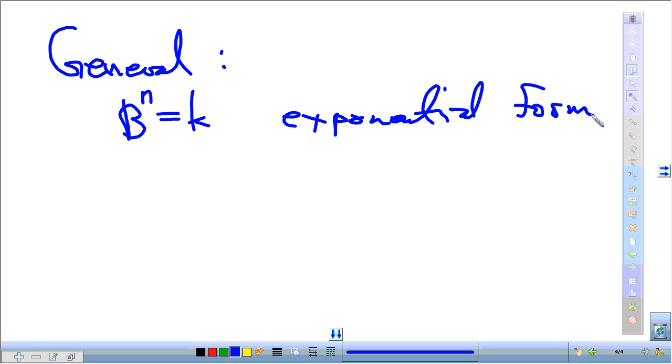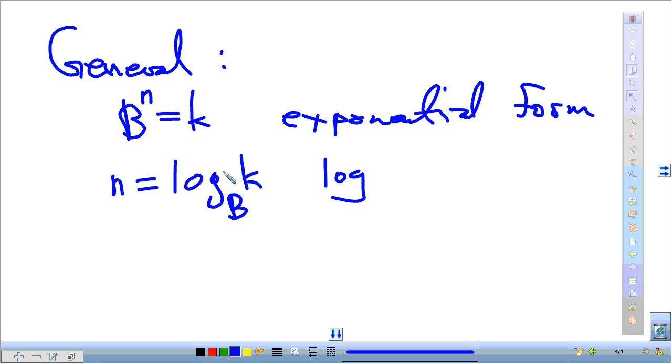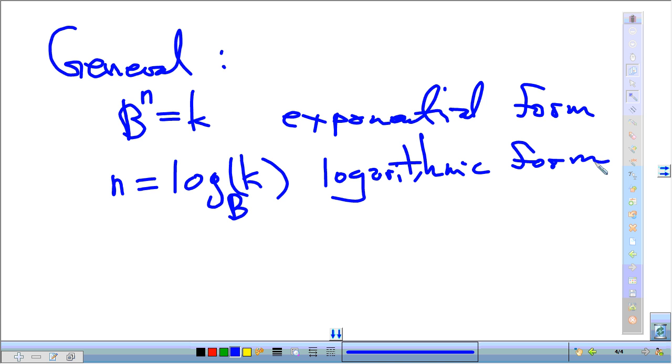So a power with a base and an exponent equal to some number, and we can convert it to an equivalent logarithmic form, which would be the exponent n is equal to log with the base b of what would have been the answer k.